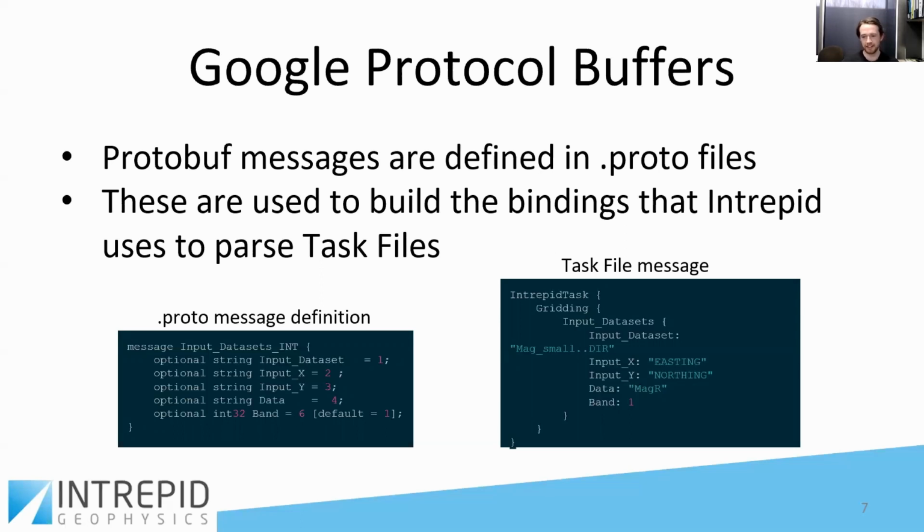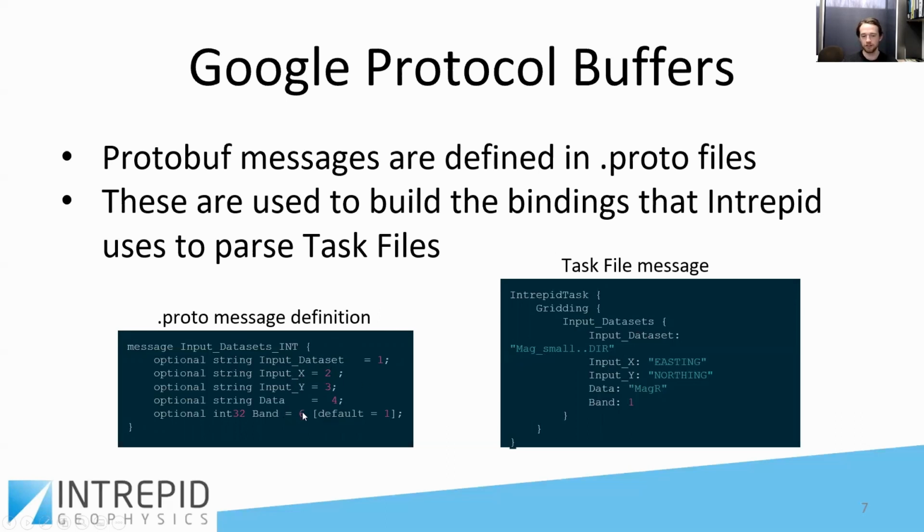So we can see here that it's pretty much quite simple. We can just declare string types if we want to input a name, like a file name, into the input, and we're just declaring a number of variables and assigning a unique identifier to them.